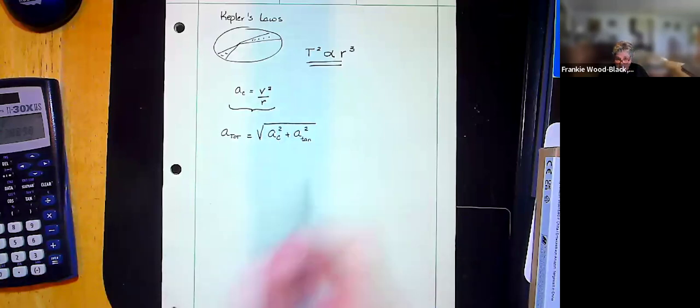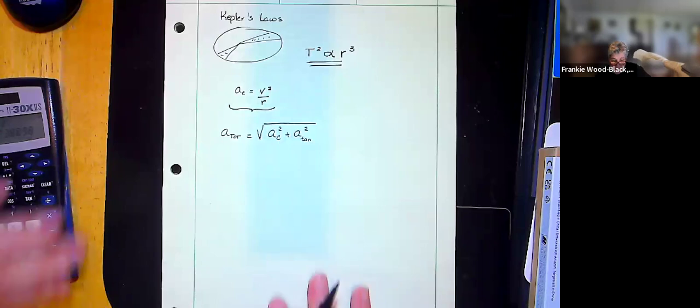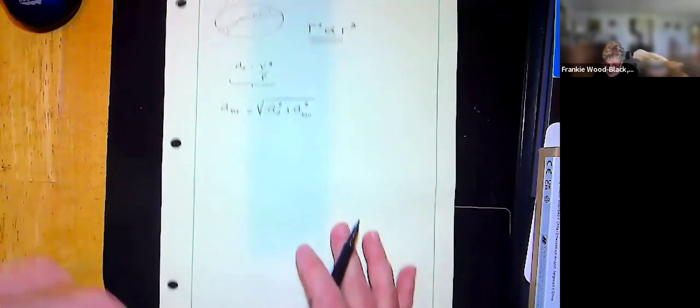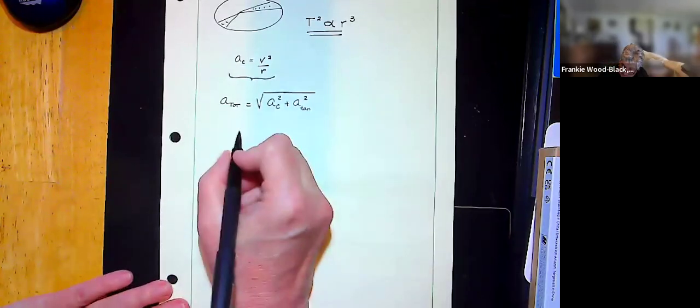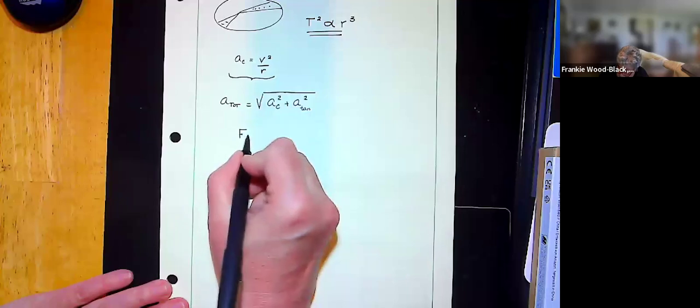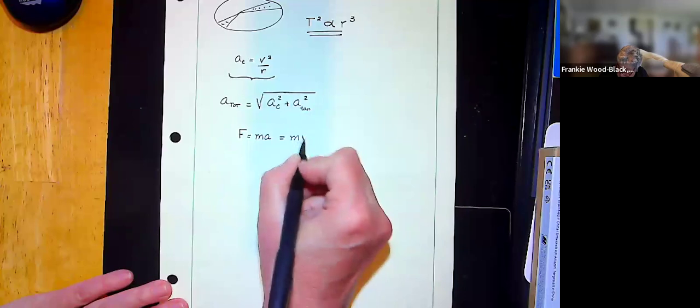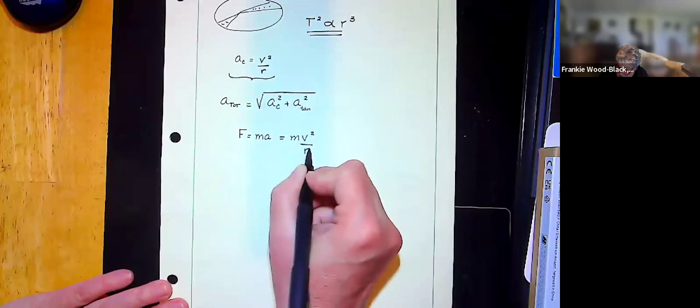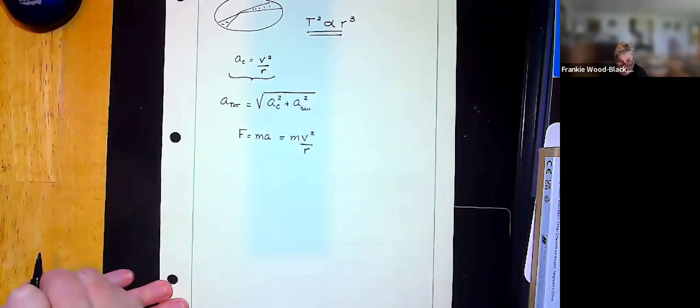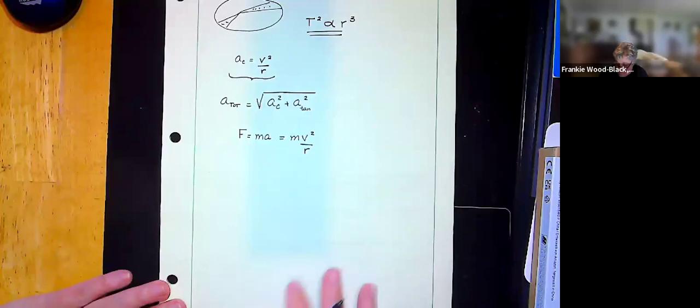So I really encourage you to go look at those videos where they're demonstrating it and they're actually drawing those circles in there, because it's a heck of a lot better than my scratchy drawing on a piece of paper. So we can look at our force is going to be our mass times our acceleration, and we can look at a centripetal acceleration in terms of an equation that looks like that.